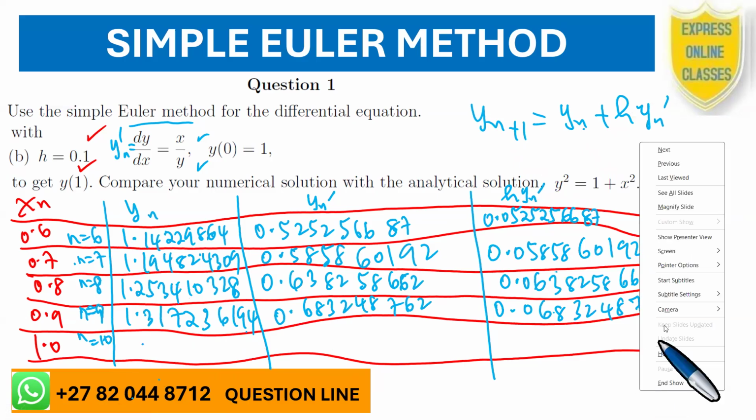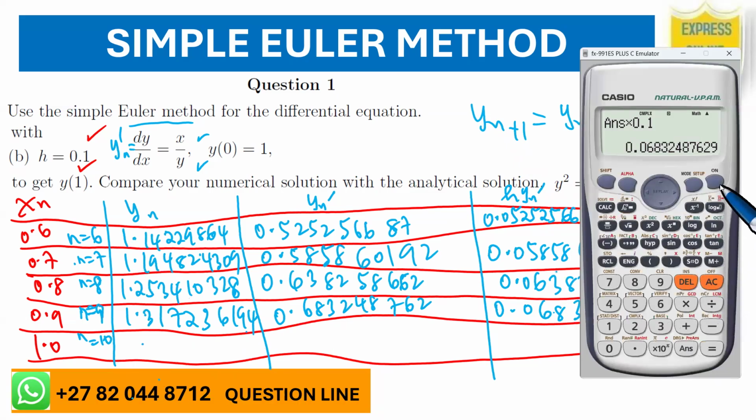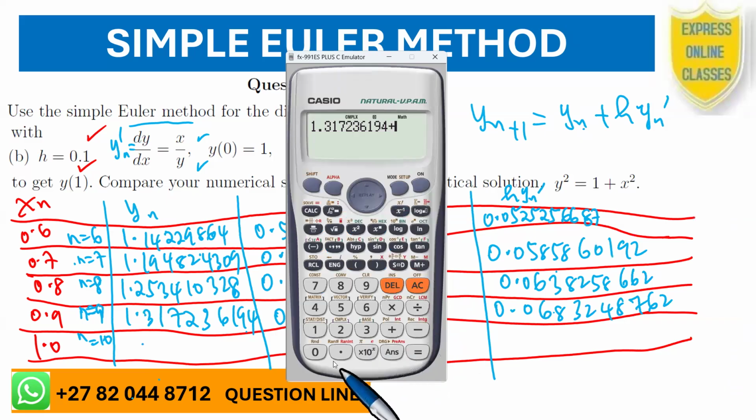So now let's use a calculator. Now we're going to add 1.3172 36194.